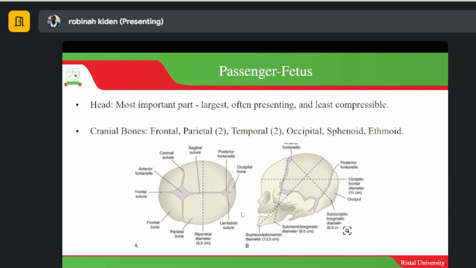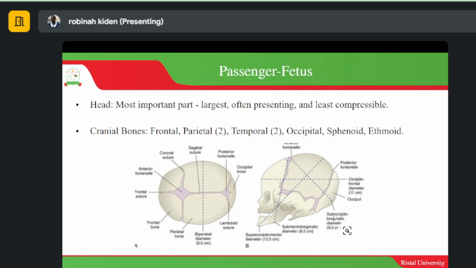So when the head is engaging in the vertex position or vertex presentation, then the head is engaging with this diameter, which is 9.5.